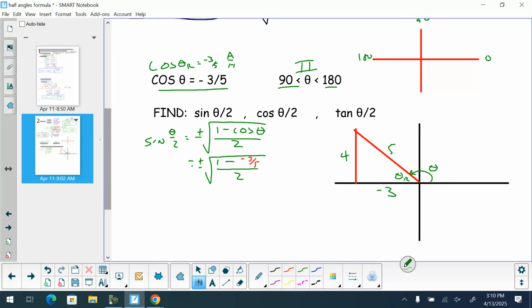Now once again, I'm going to challenge you. You can do one of two things. You can enhance your mathematics skills by simplifying a complex fraction, or we'll look at a calculator here too. My only denominator I have is the value of 5, so I can multiply top and bottom by this value of 5. So we have plus or minus square root of, on top, 5 minus a negative, which will turn into a positive, the value of 3, all over 10.